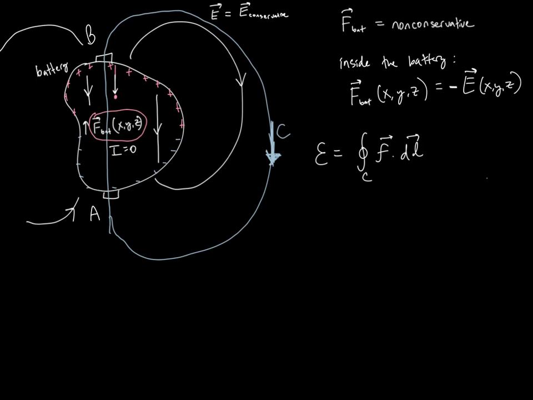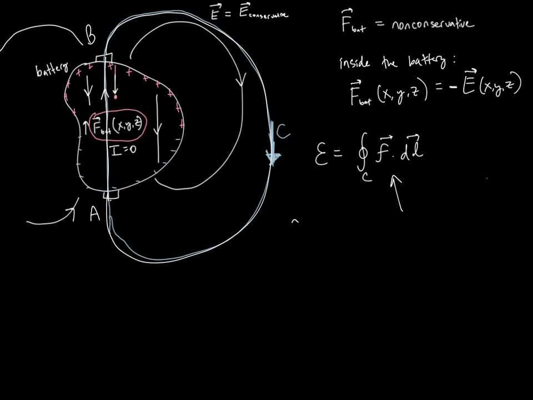And we note that there are two distinct segments of our path when we're computing this line integral for the EMF. One segment goes from A to B through the bulk of the battery, and the other segment goes from B to A outside the battery.